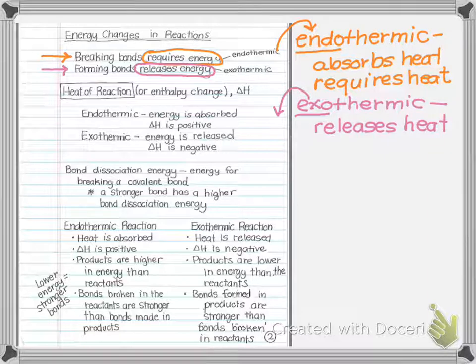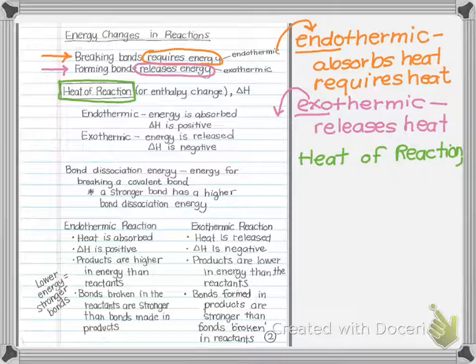Now, if we took all the energy that was absorbed when you break bonds and released when you make bonds, and took that all into account, we'd get something called the heat of reaction. This is the energy change in a reaction. Another word for the heat of reaction is enthalpy, or enthalpy change.